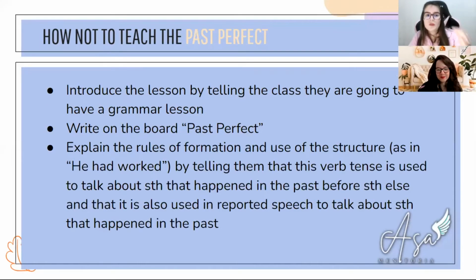Next, you explain the rules of the formation and use of the structure, as in he had worked, by telling them that this verb tense is used to talk about something that happened in the past before something else, and that it is also used in reported speech to talk about something that happened in the past.